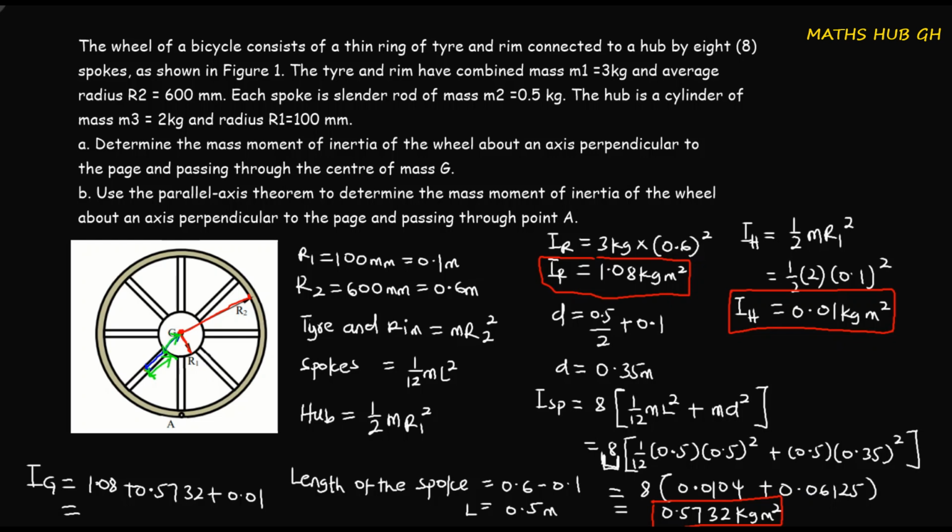That should give us a value of 1.663 kilogram meter squared. So this will be the mass moment of inertia of the wheel about the axis perpendicular to the page and passing through the center of mass G. So now let's go to part B.